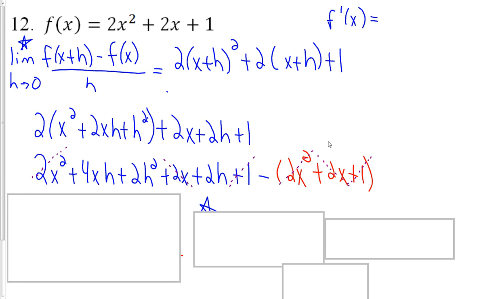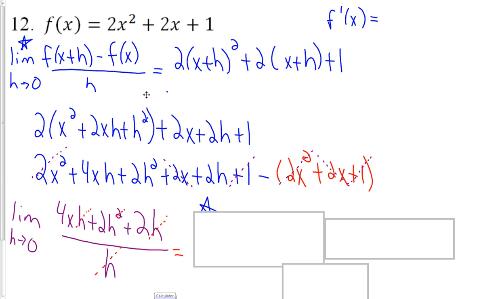So that's why you see these purple dotted lines. This minus 2x squared cancels with this plus 2x squared. This minus positive 2x cancels with the plus 2x. And this minus 1 cancels with the plus 1. And what's left? Whatever's left should only have h's. So I got 4xh, 2h squared, and another 2h.